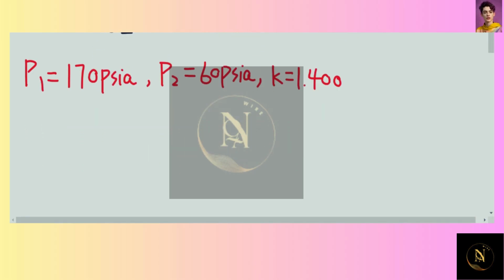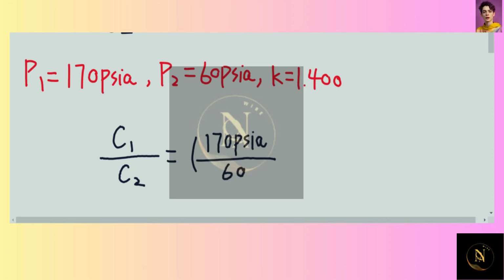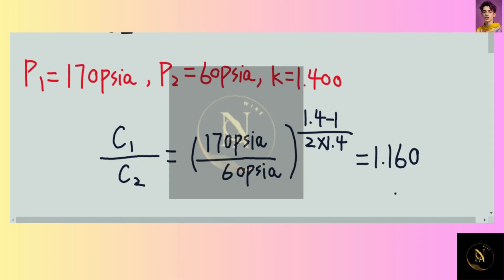So now let's plug back into the equation to determine the ratio of the initial speed of the sound to the final speed of the sound, which is equal to 170 psia over 60 psia to the power of (1.4 minus 1) over (2 times 1.4). And this will give us the ratio of initial speed of the sound to the final speed of the sound is about 1.160. And this is the answer for this question.